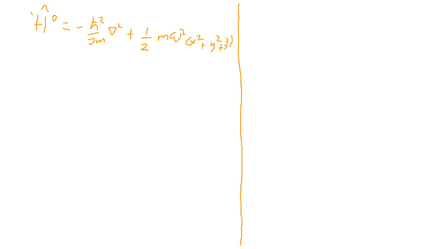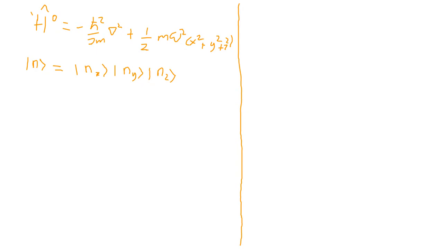Now this problem you could solve exactly, and the eigenfunctions are going to be labeled by some integers n, and they're going to be a direct product: one integer depending on the x direction, one on the y direction, and one on the z direction.